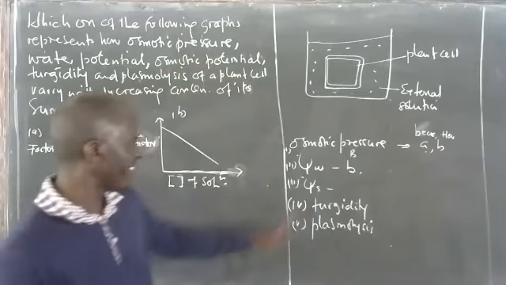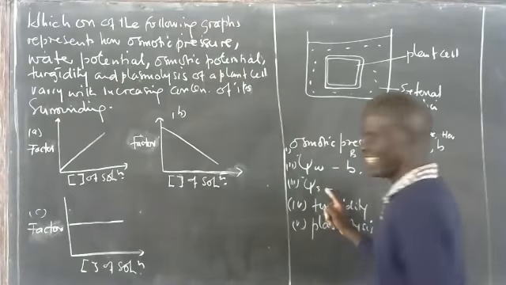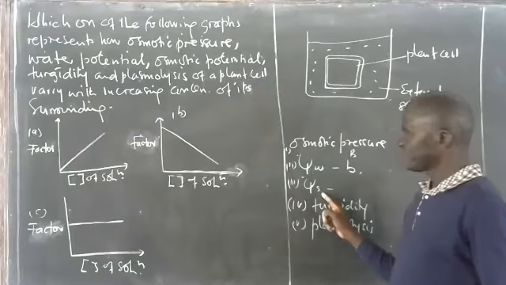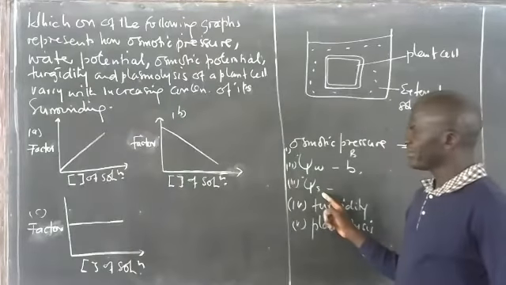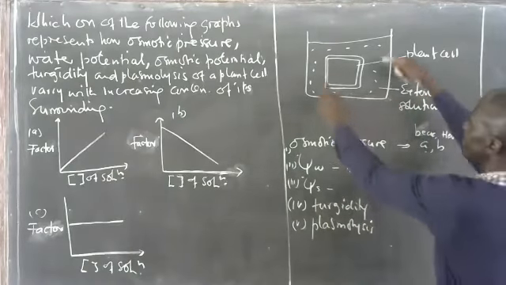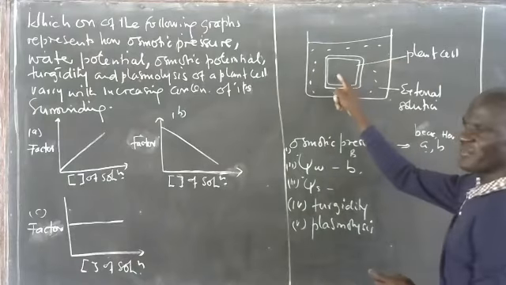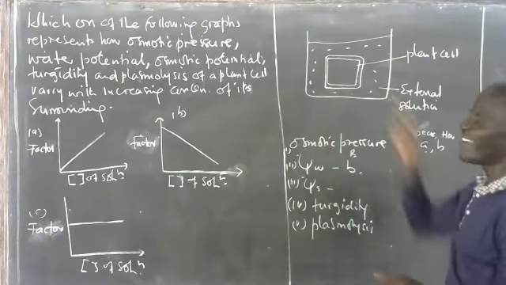How does it vary? If I keep on increasing the concentration of the surrounding, how will the solute potential of the cell vary?